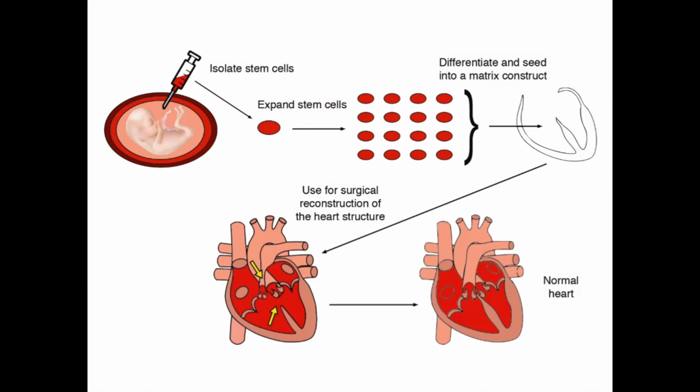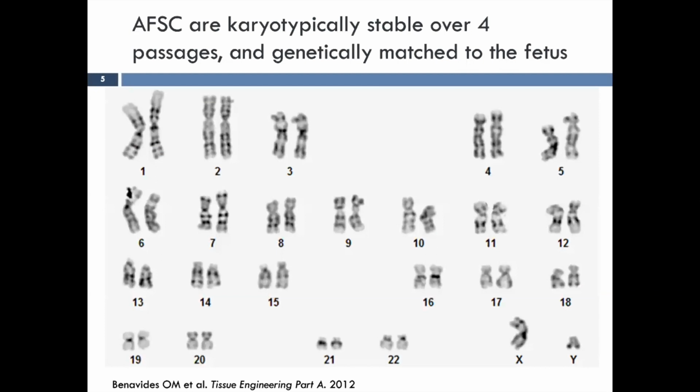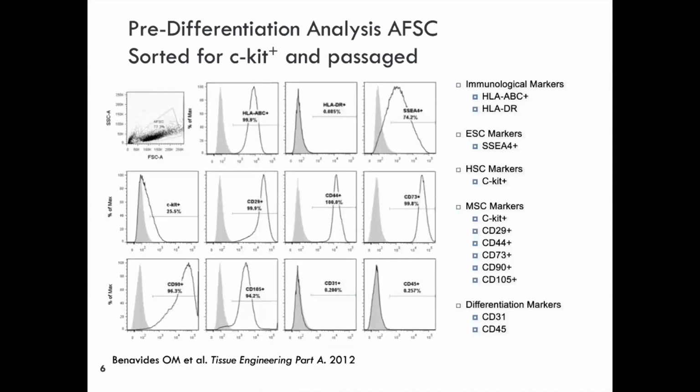So we've collected these. You can go to the next slide, and we show they're karyotypically stable. And I like the slide because it's a male fetus, so it has a Y chromosome, so we know we didn't get maternal cells. And then the next slide, we analyzed these. They're mostly mesenchymal.